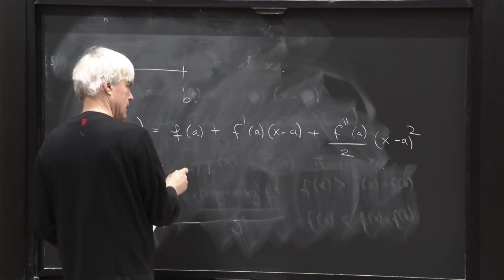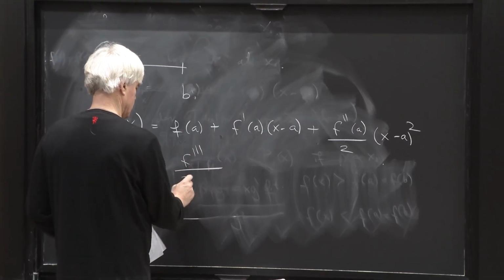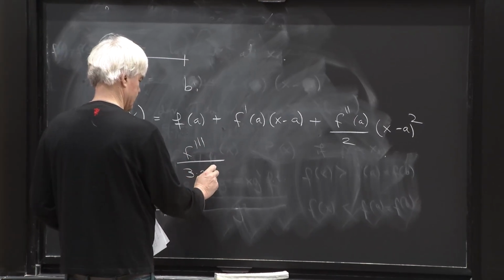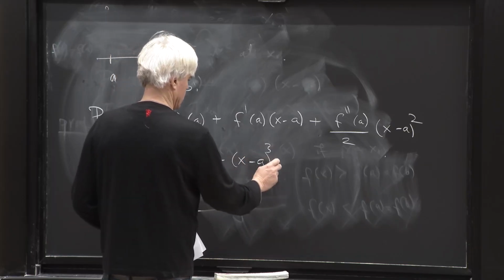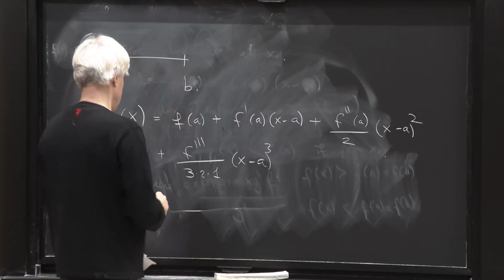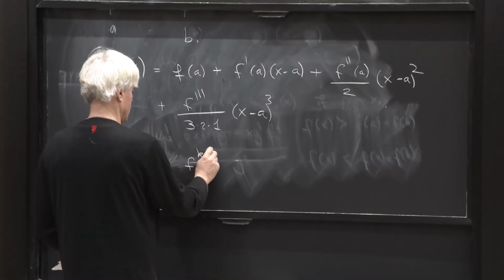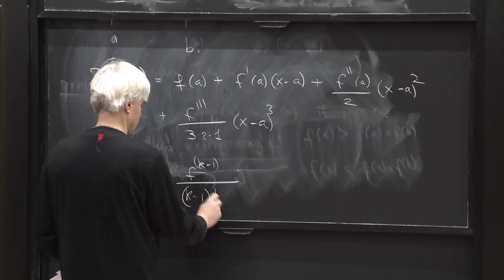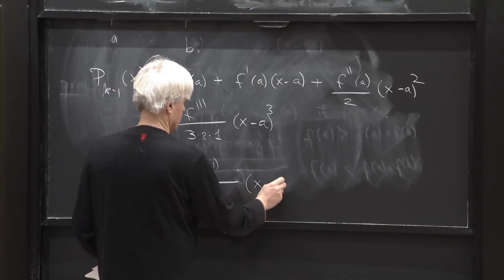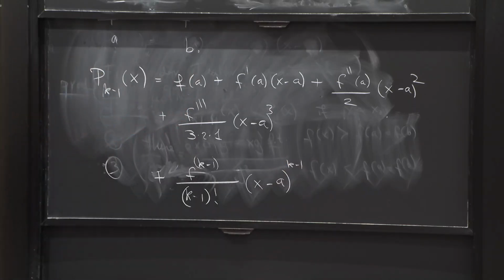The next one is f triple prime, divided by 3 times 2 times 1, times x minus A to the power 3. And then you continue like this up to the k minus 1 derivative, divided by k minus 1 factorial, times x minus A to the k minus 1. So this is the k minus 1 Taylor polynomial.